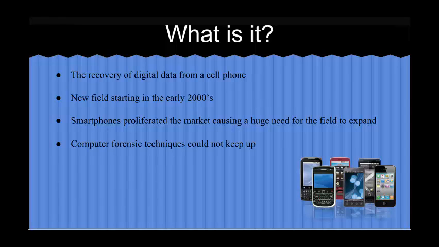Cell phones hold a vast array of files, such as contacts, photos, calendars, MMS and SMS messages, videos, email, web browsing and location information, and social networking messages and contacts.